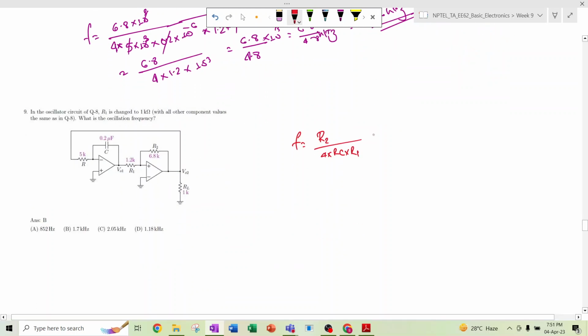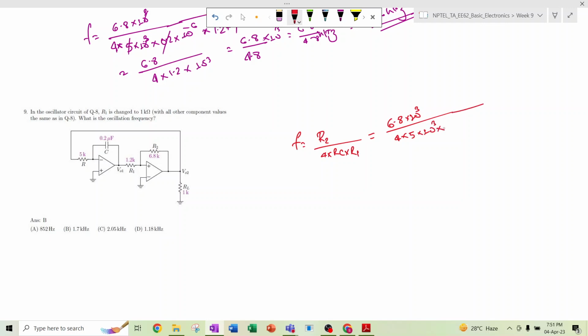So now what is the value? This R2 is basically 6.8 kilo ohm, 6.8 into 10 cube, divided by 4 into R, that means 5 kilo ohm, into C, 0.2 into 10 to the power minus 6, into R1, which now changes to 1 kilo ohm, so 1 into 10 cube.